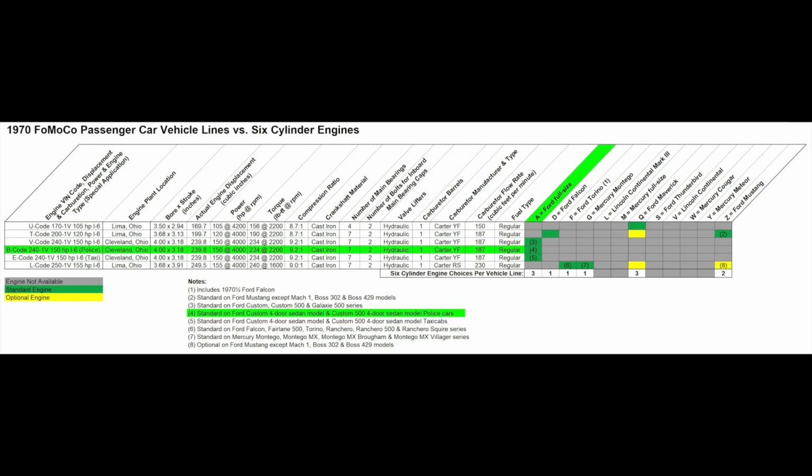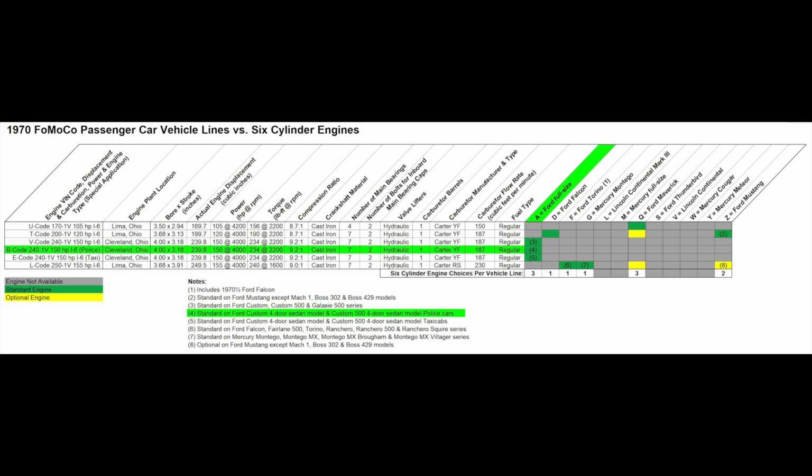The actual engine displacement calculates to 239.8 cubic inches, or 3.93 liters, and it developed 150 horsepower at 4,000 RPM and 234 pound-feet of torque at 2,200 RPM with a 9.2 to 1 compression ratio.